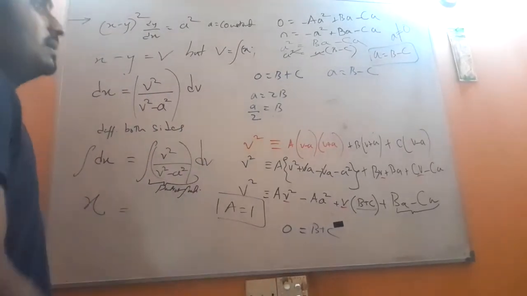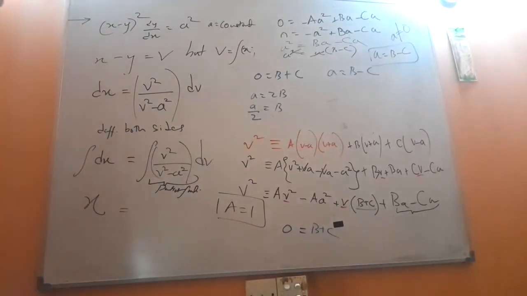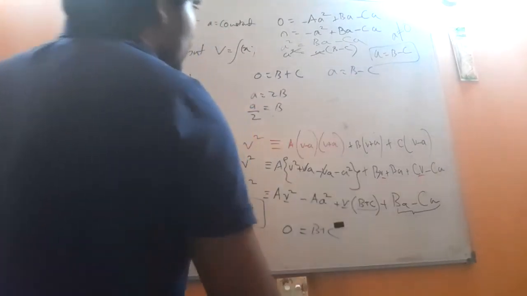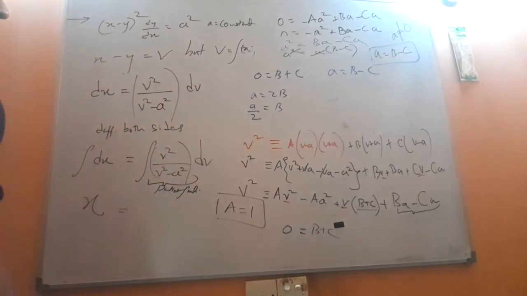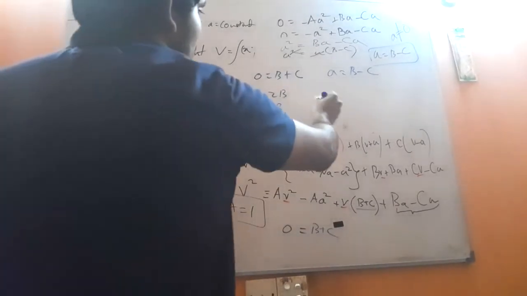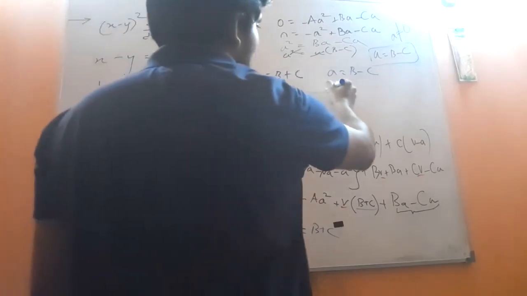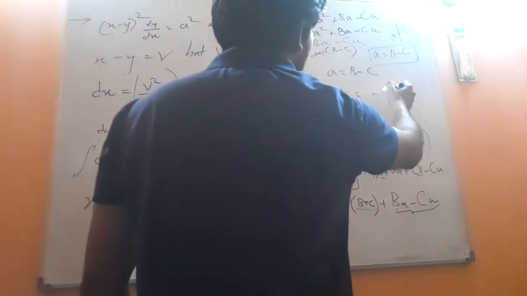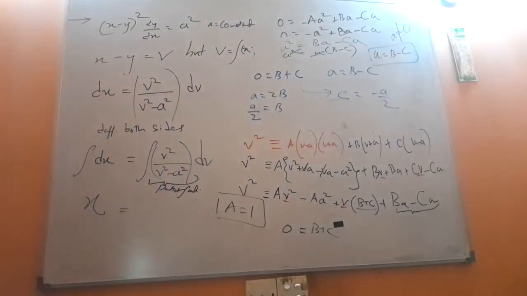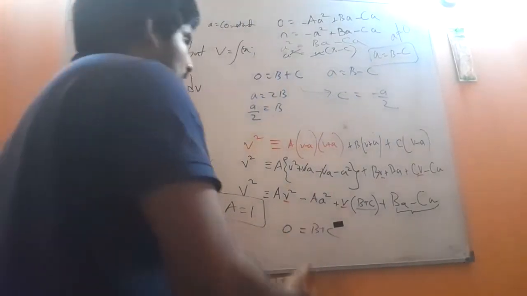So under that consideration, after finding the value of B, you can use any of these equations. Then let's use this one. B plus C equals 0. So that means what must be C? C must be minus A by 2. So now you know what the values for the constants are, right?